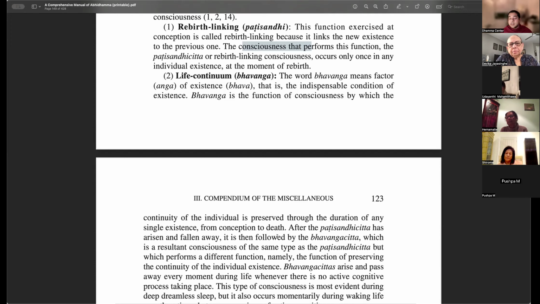I must reword myself there. The patisandhi which gave you inception in whichever womb you were in. Because remember, as time passes in the womb, those conditions also change. The Patisandhi Chitta linked you to that womb at that time, to those parents, owing to conditions wholly present at that time.